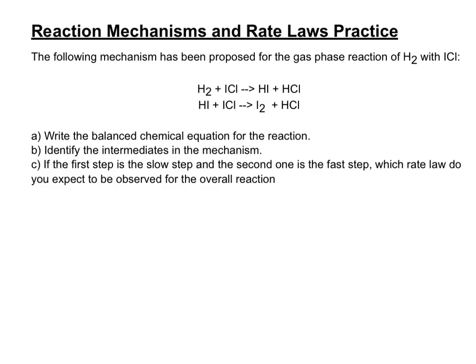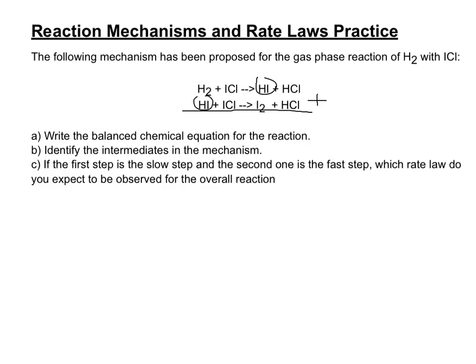To do that, we have to first add these two up and see what cancels, see what carries over. We see that we have HI being produced here and HI being used up here in the second step, so those two would cancel one another out.